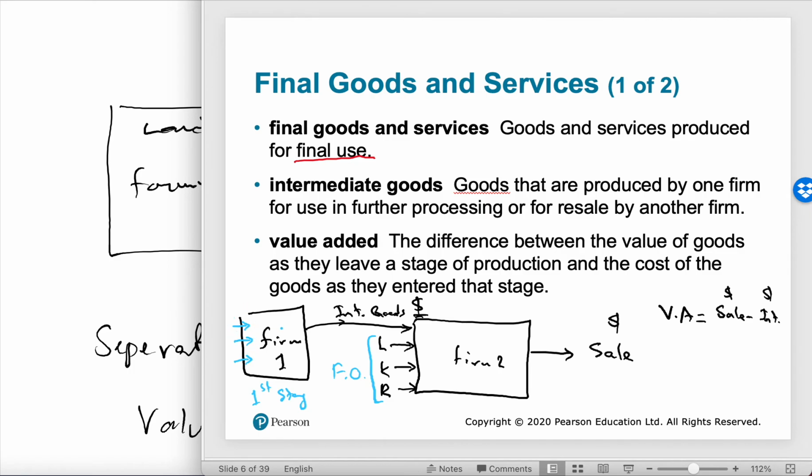So in the first stage, the value of the output is going to be equal to the value of the payment to the factors of production. But in any other stage, stage 2, stage 3, it's going to be the sale value minus the value of the intermediate goods. And this is helping us to measure the GDP more easily.